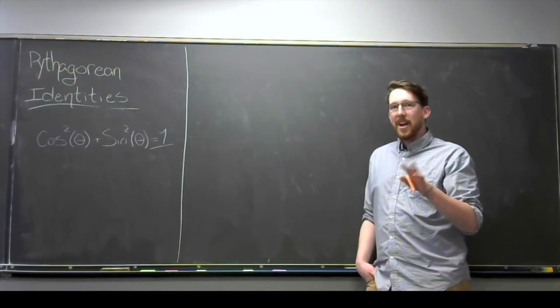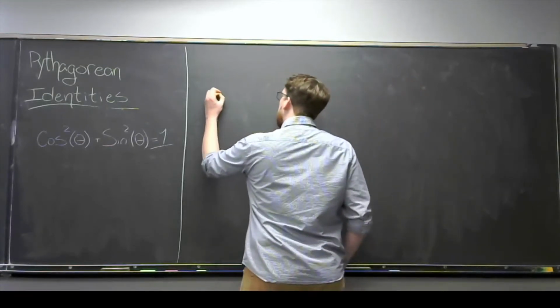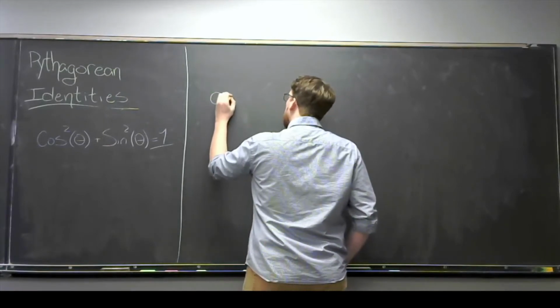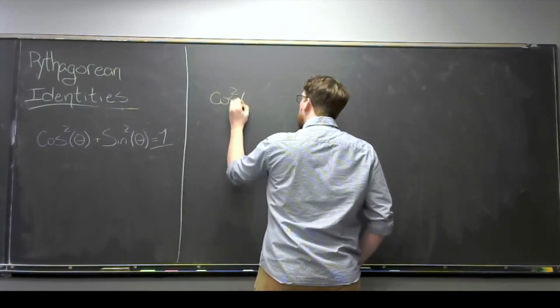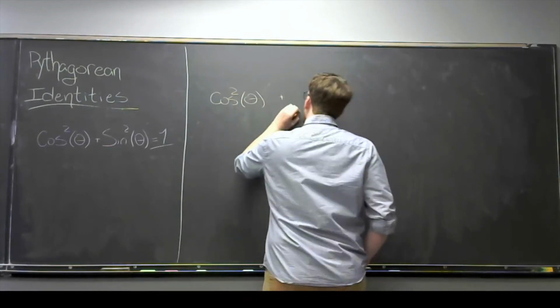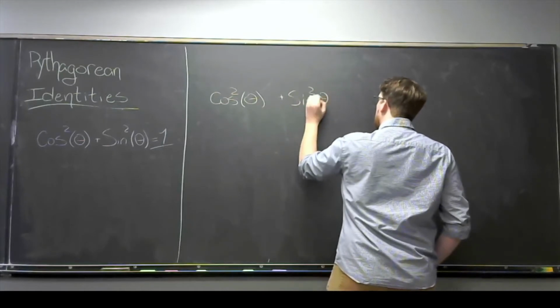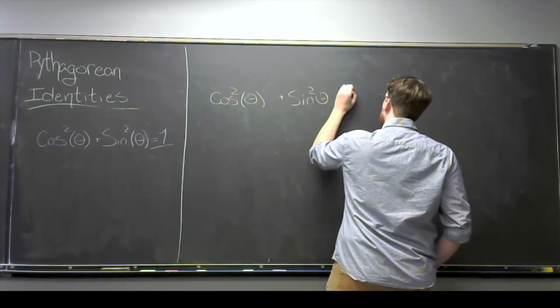Now, having said that, how do we derive the other two? Well, to start off with, let's rewrite what we've got. We've got cosine squared theta plus sine squared theta is equal to 1.